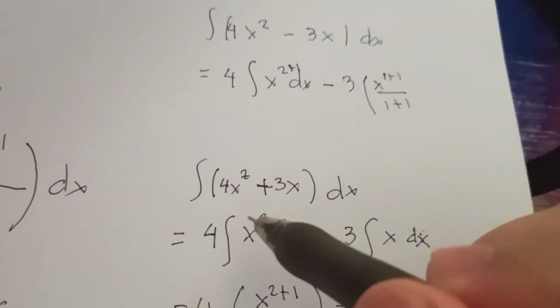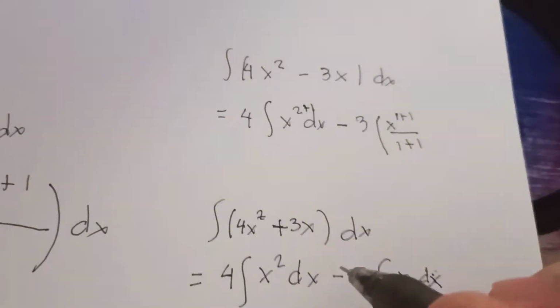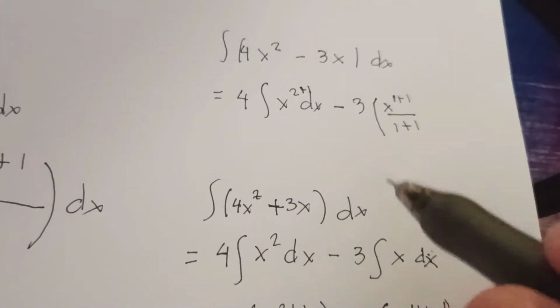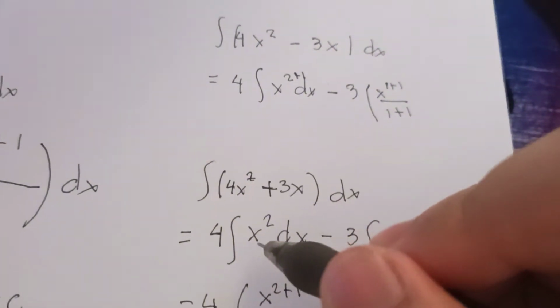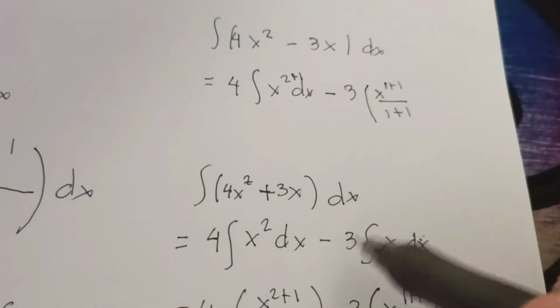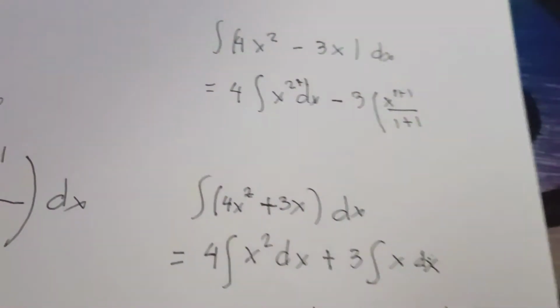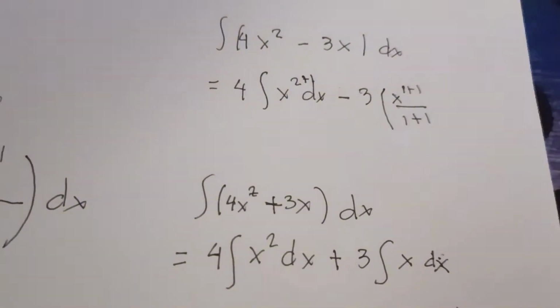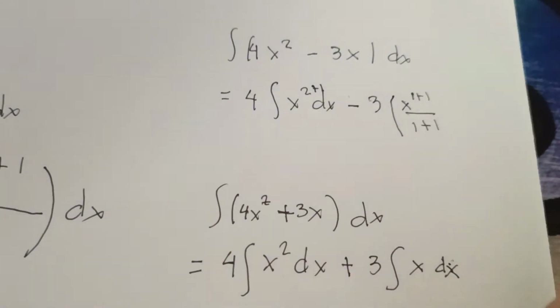So the problem is the integral of 4x squared plus 3x dx. We take out a constant, 4, integral of x squared dx, plus 3, since 3 is also a constant, integral of x dx.